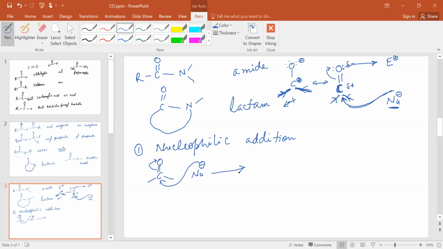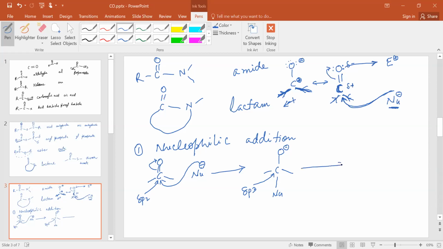So here you see the carbonyl carbon has sp2 hybridization. After the addition of the nucleophile, oxygen will get a negative charge. Now this carbon is sp3 hybridized and tetrahedral. Okay, first it is planar, now it is sp3 hybridized and tetrahedral.